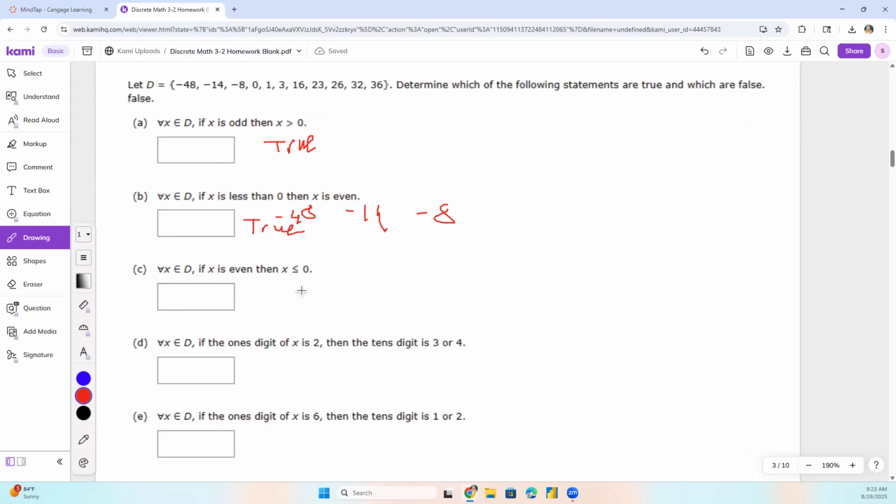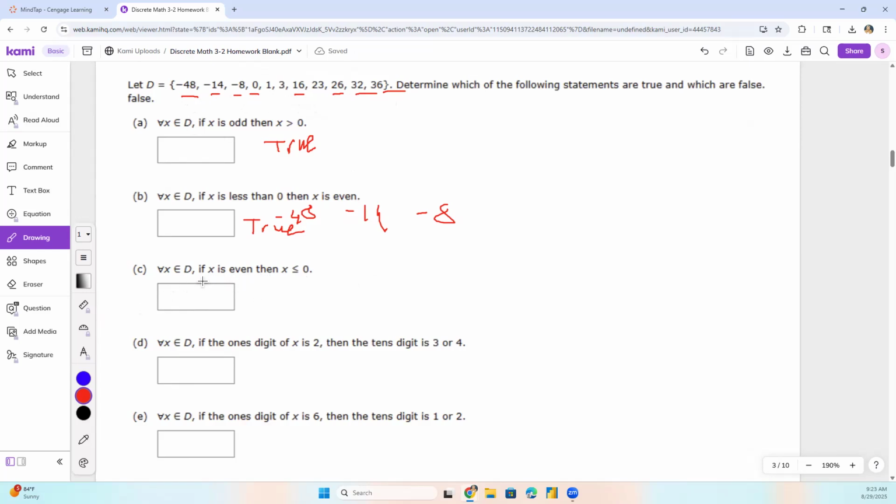For part C, if x is even, then x is less than or equal to 0. So let's see, the even numbers are negative 38 is even, negative 14 is even, negative 8 is even, 0 is even, odd number, this is an even number, odd number, even number, and even number. So I underline all the even numbers.